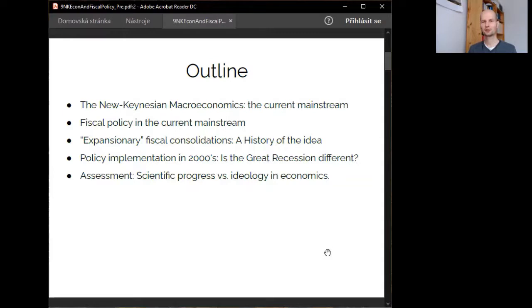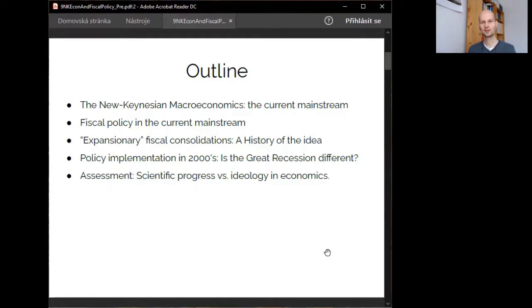And we'll talk about the implications of the new Keynesian macroeconomics for fiscal policy, as the new Keynesian macroeconomics, as it's been developed over the 1980s and 1990s, contributed to unprecedented consensus among macroeconomists on the question of how macroeconomics shall be done, and it also led to rather broad consensus about what is the appropriate macroeconomic policy.